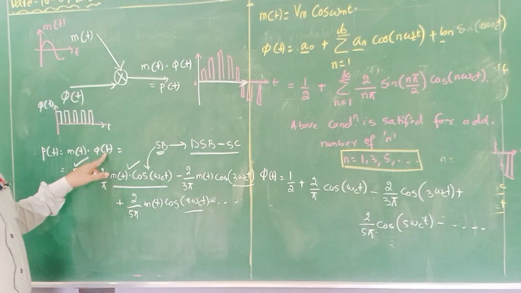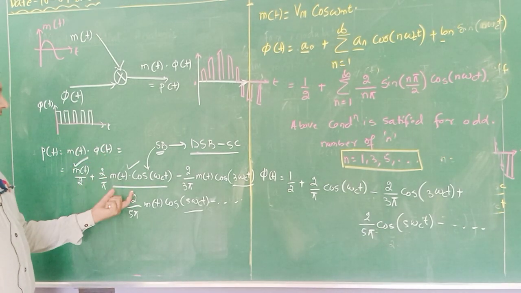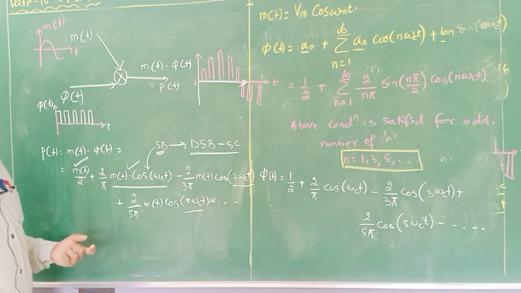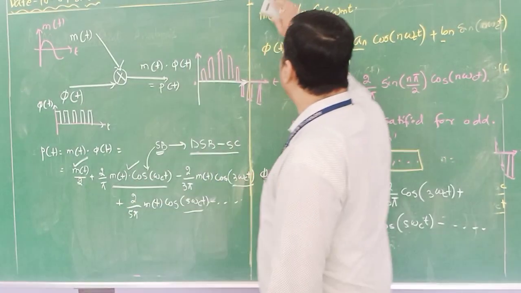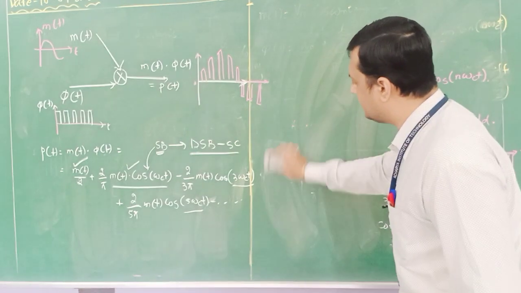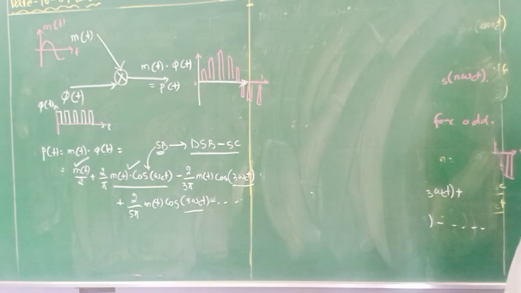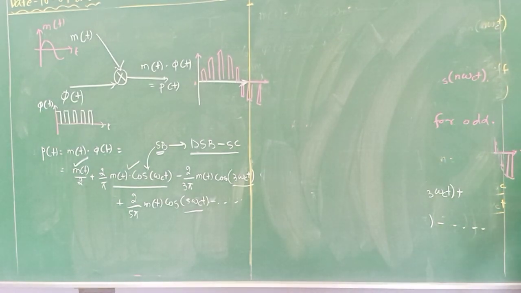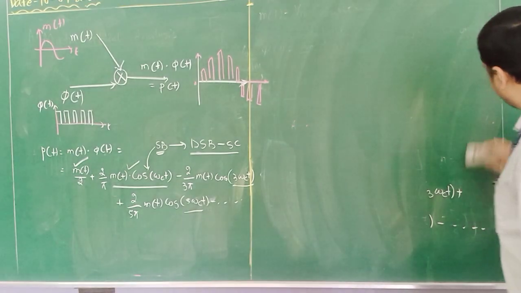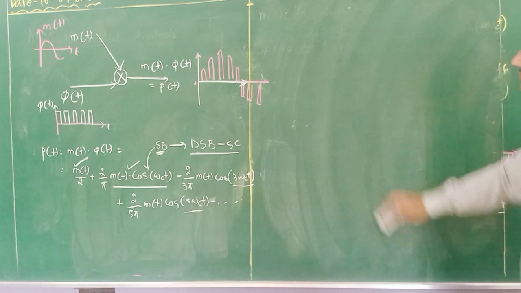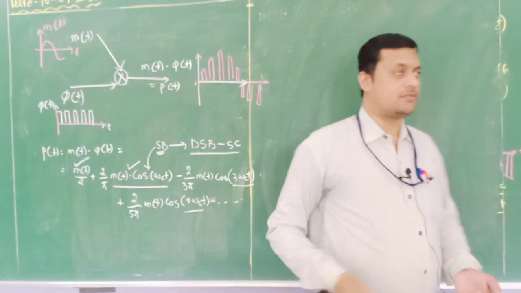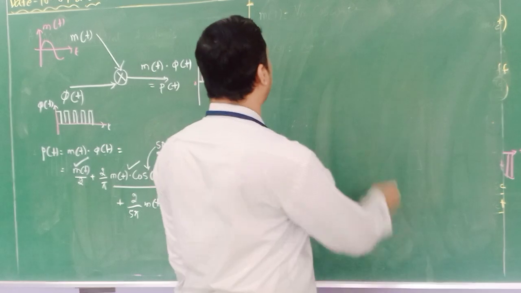So till now we have generated the modulating signal as well as the sideband and the higher frequency components, which are called harmonic components. So now we need to generate the higher component.